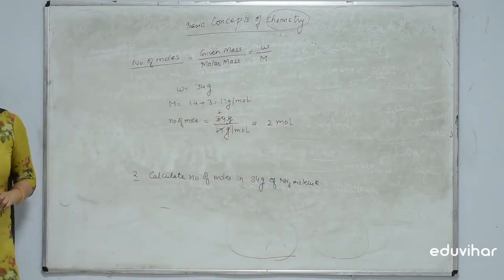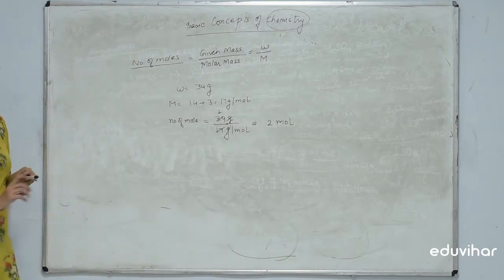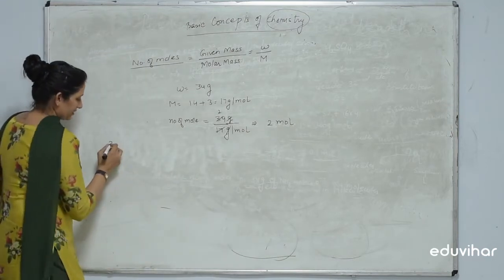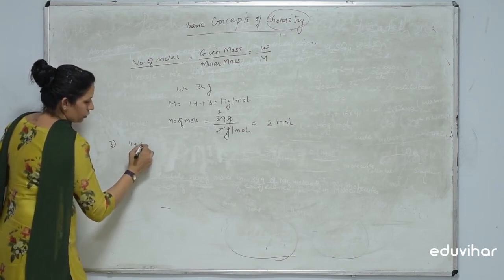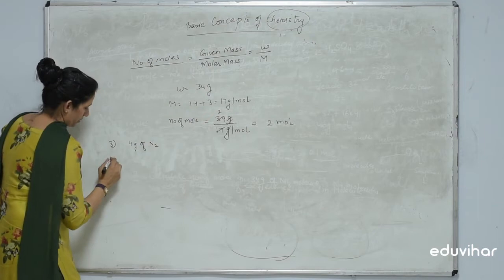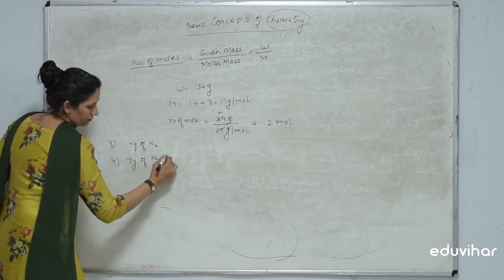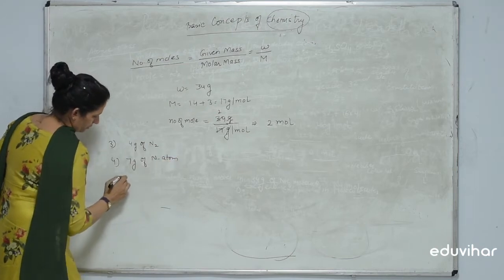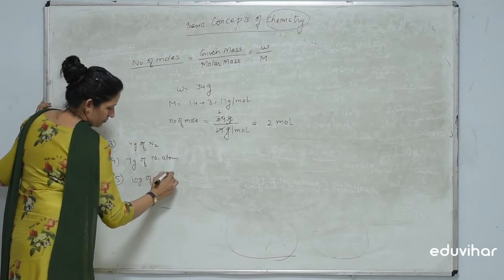I am giving some questions with this. You can calculate after this. This is second. Third, calculate the number of moles in 4 gram of N2O. Then 7 gram of nitrogen atom. Fifth question is 10 gram of calcium carbonate.